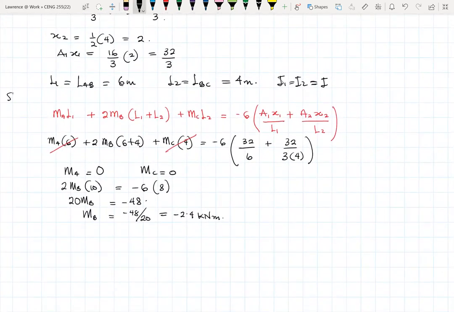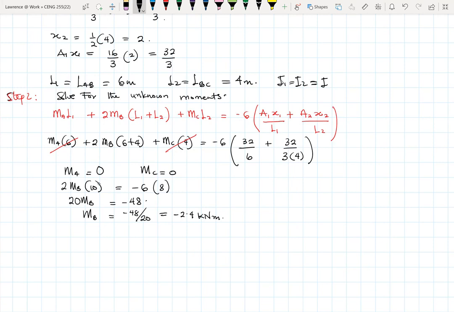So this is step 3 here: solve for the unknown moments. This might be longer than this, depending on the question that we have. We could have simultaneous equations, maybe double simultaneous or triple simultaneous equations. So it depends. But this is in its simplest form to explain the approach.